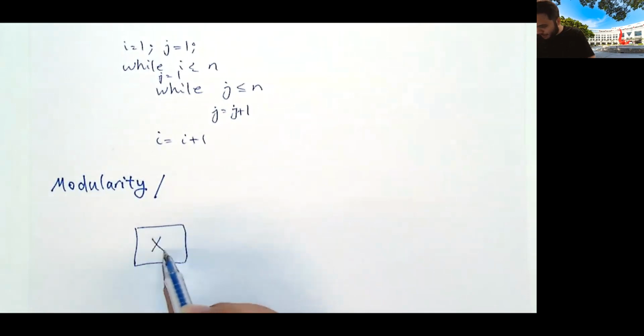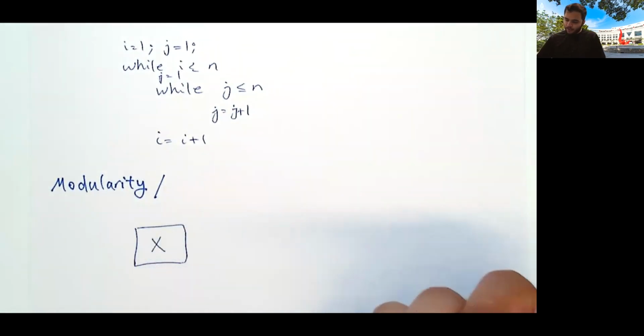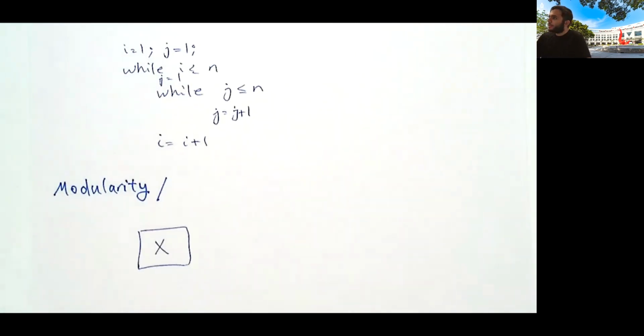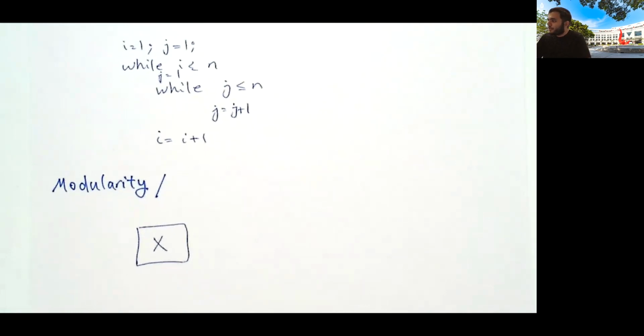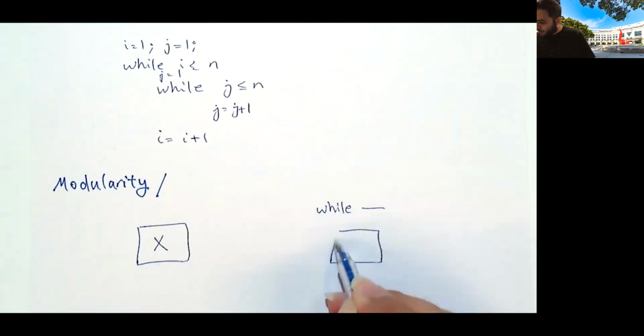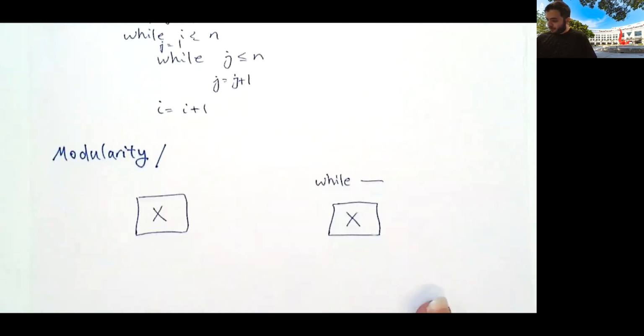This block is X. And let's say that you know that this block of code always terminates. Right. So what happens if you take X and plug it into some other code? So what happens if you have some while loop, and then inside that while loop, you have X? Would this program also terminate?